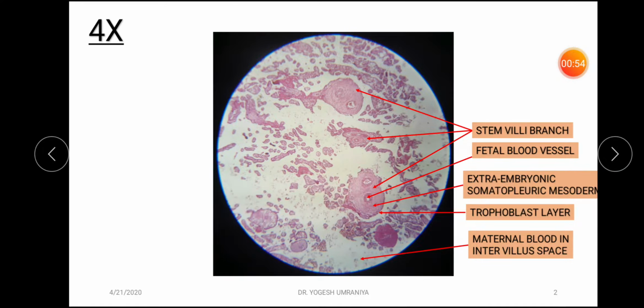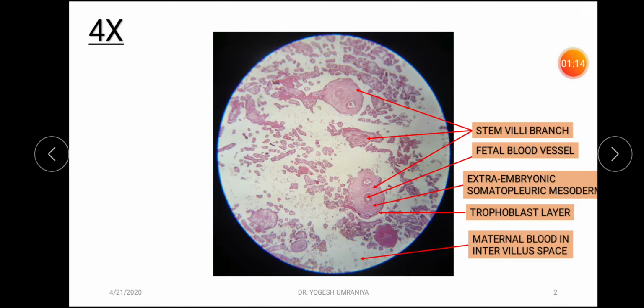They are somewhat much bigger in size, and these are the smaller size chorionic villi. The major, bigger size chorionic villi are ultimately the stem villi branch.